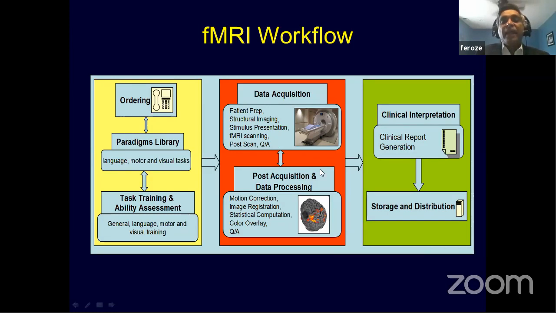And then these days you can get stimulus presentation devices, monitoring devices, and so on, which are commercially available. And then, of course, once the data is collected, the data is sent to a post-processing workstation where all the motion correction and statistics and color overlay and presentation happens.